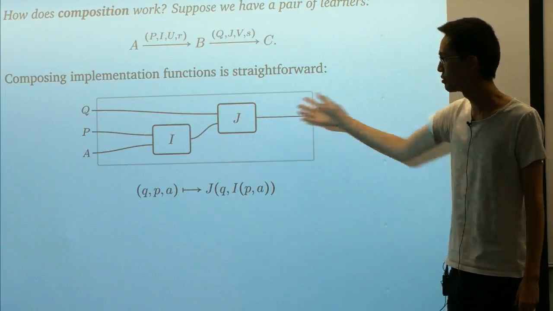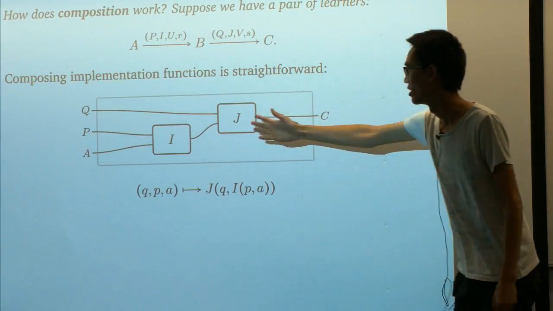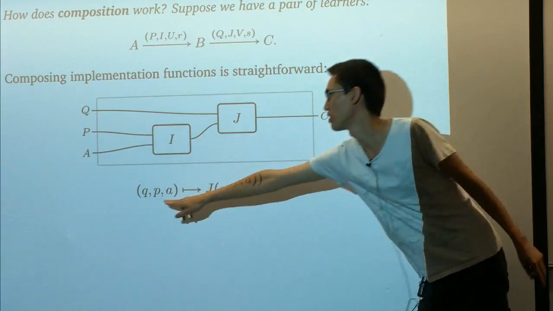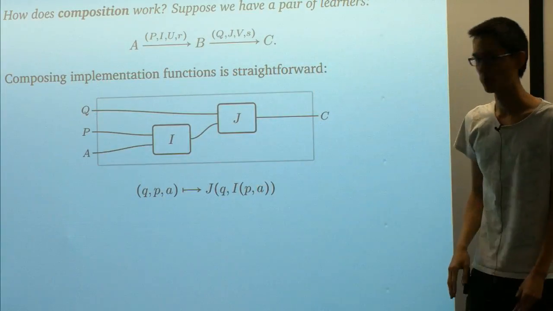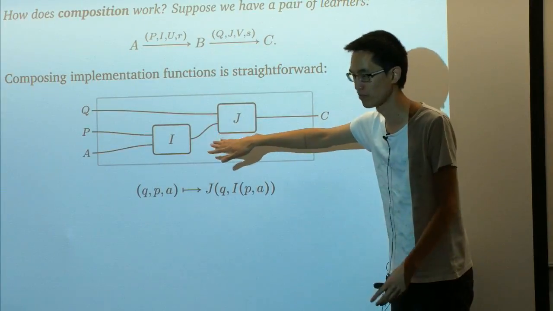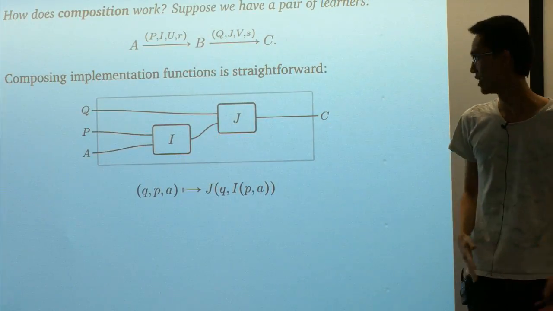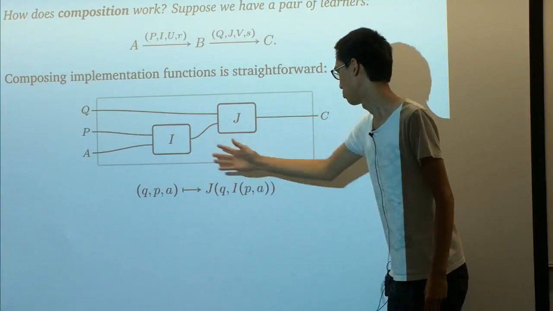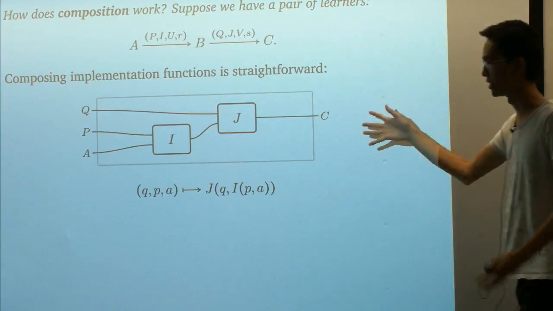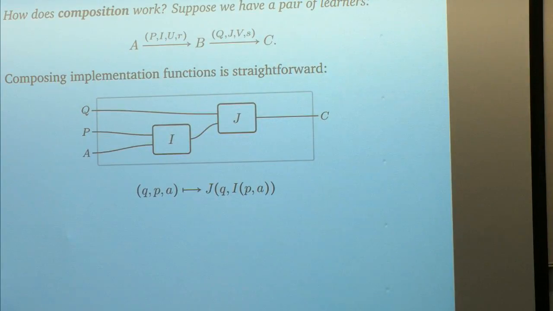Well, we've got this function J, which spits out values of C. In fact, J takes in a Q and a B. We've luckily got a Q here, so we just plug that right in. But we need to produce a value of B. How do we produce values of B? Well, I spits out values of B. So we can put that there, but now we need a P and an A, and we've got a P and an A. So the composite is just precisely that.